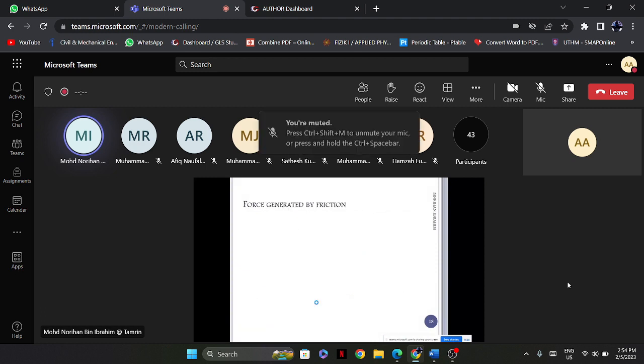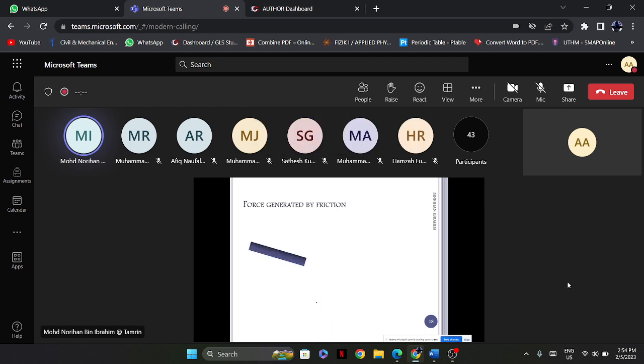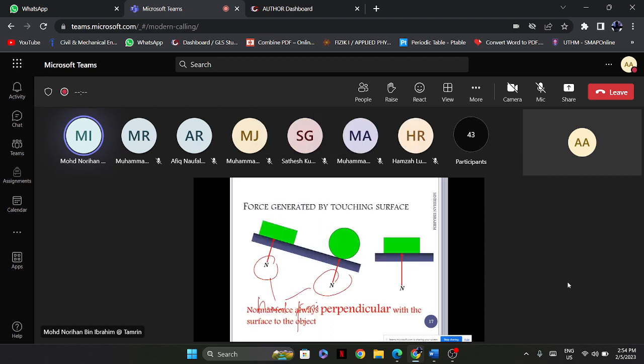So look at these illustrations. Normal force is always perpendicular to the surface of the object. Okay, remember that? Normal force is always perpendicular to the surface of the object.